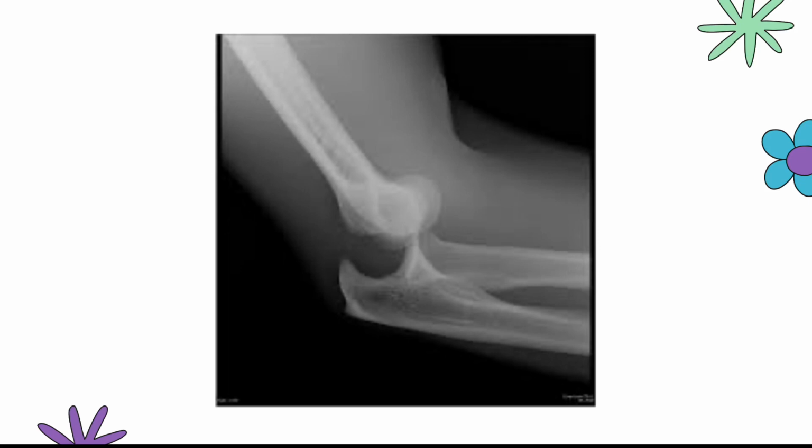But if there's too much pressure and tension being pulled between the ulna and the humerus, then it causes a separated elbow. Therefore it's really common in kids because their bones aren't fully formed yet, so they're not strong enough to withstand the weight and the pressure of these two bones being kind of pulled apart.